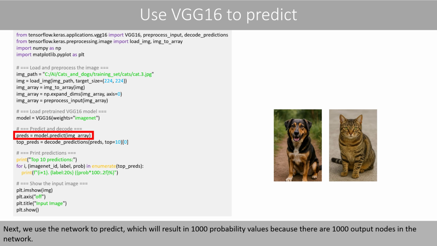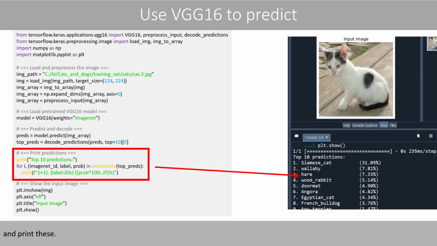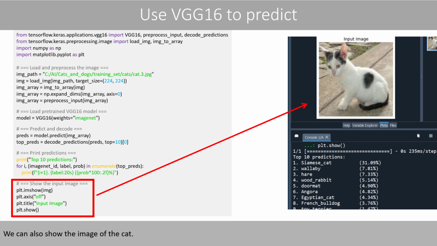Next, we use the network to predict, which will result in 1000 probability values because there are 1000 output nodes in the network. We then convert the output probabilities into labels with the top 10 highest probabilities and print these. We can also show the image of the cat.